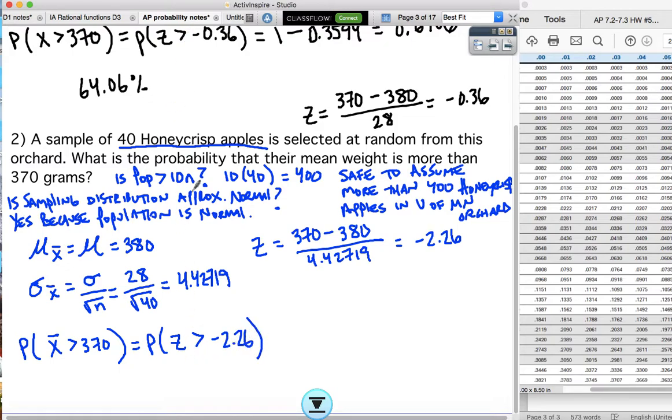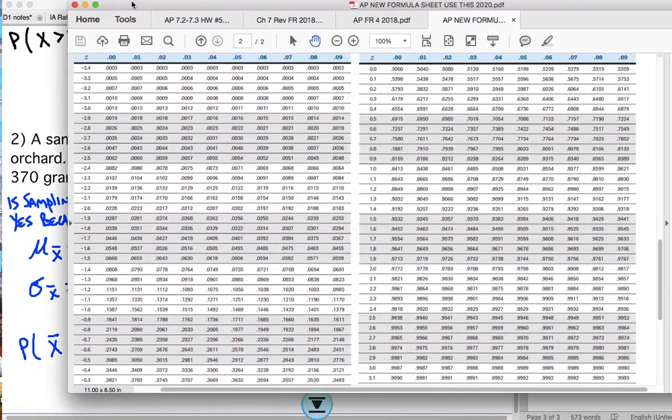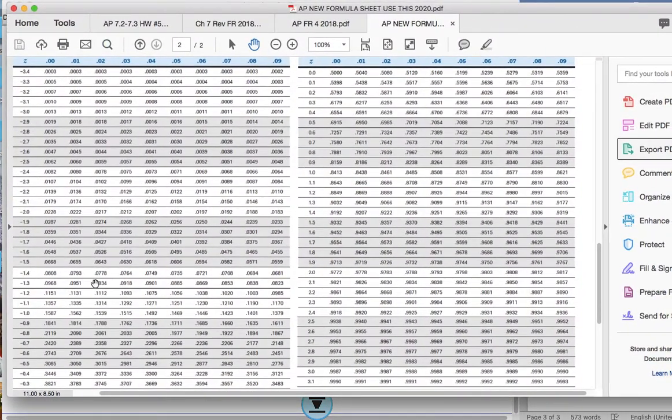Look at the comparison. They have different z-scores. It's greater than, so I'm going to do 1 minus. I'm going to go over to my z-chart and look up negative 2.26. So negative 2.26 would be right here, which is 0.0119.